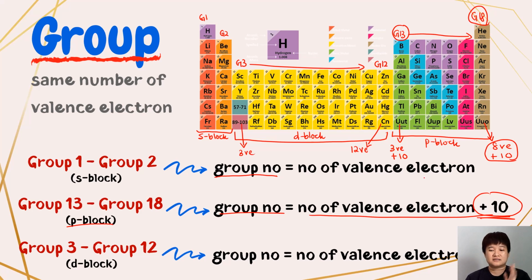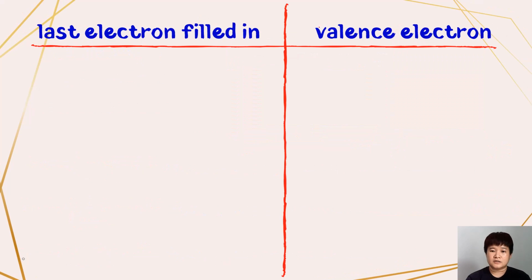You only add 10 for the P block elements. Next, how can I know the number of valence electrons when I have a set of electronic configuration?